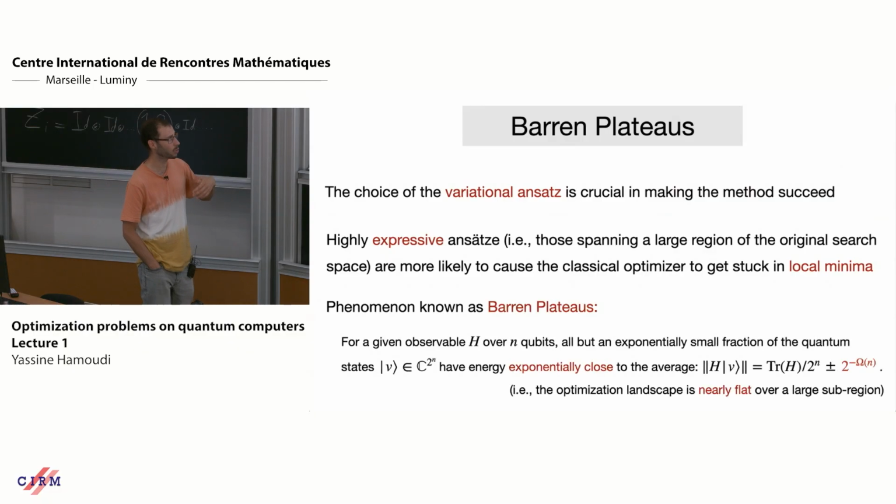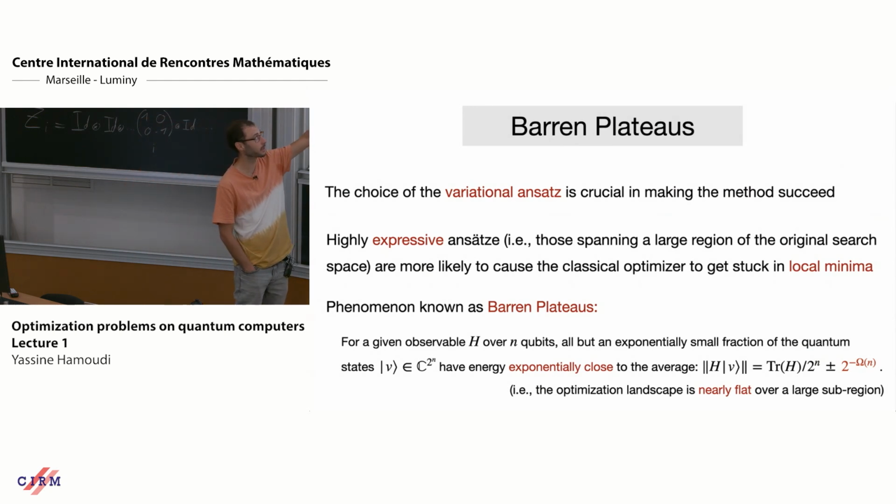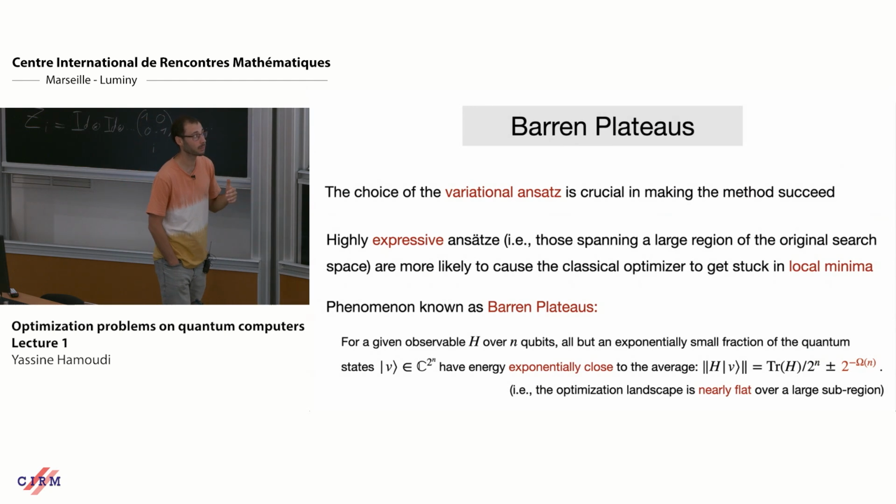You have an observable H, so this is the Hamiltonian. Then there is a statement that says that almost all the states in your universe have an energy which is almost always the same. So there is not a huge variation in terms of energy. So most of the landscape is almost flat.